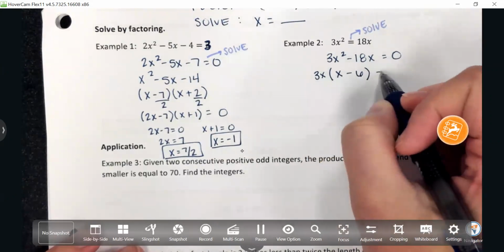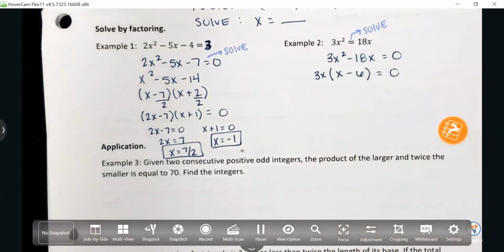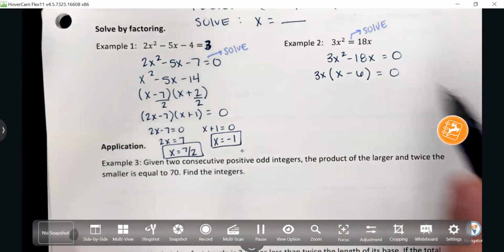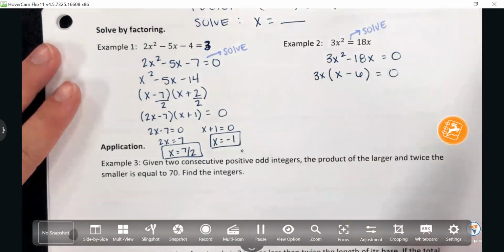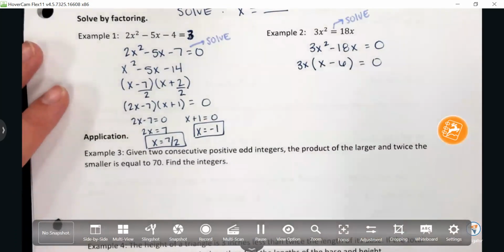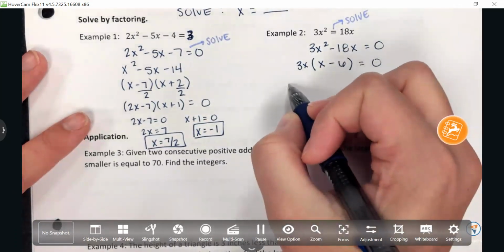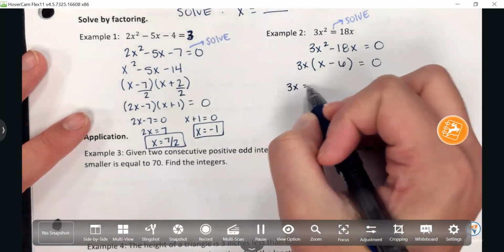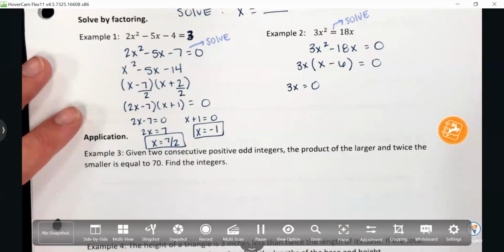If I factor out a 3x, I am left with x minus 6 equals 0. Do I need to make an eye chart? Do I need to slide divide? None of that stuff. So these are my factors. I have to turn my factors into solutions. So my first factor is 3x. It has to equal 0.